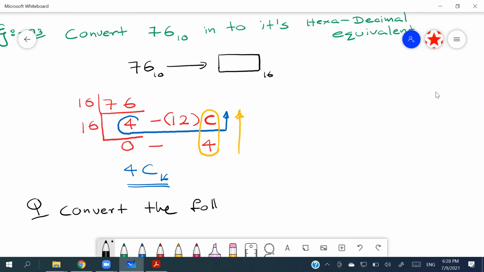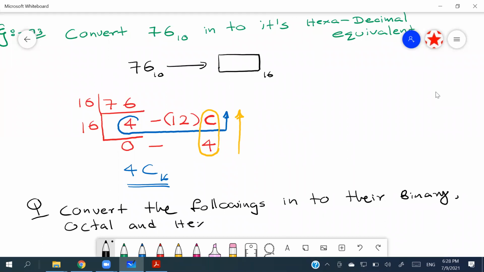Convert the following into their binary, octal, and hexadecimal equivalents, right?